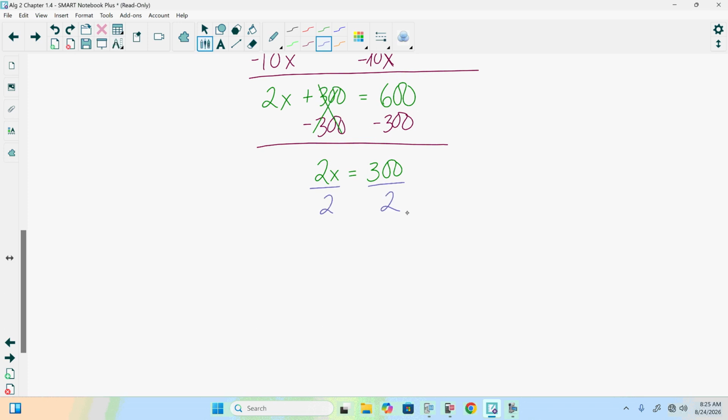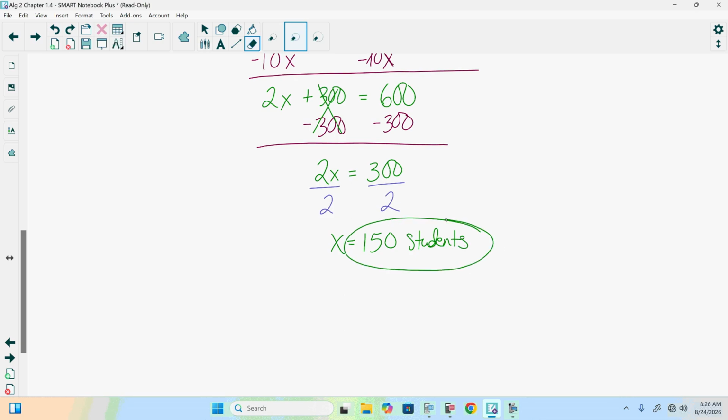Yeah, divide by 2. 2x divided by 2 is x. 300 divided by 2 is 150. How many students? So for the total cost to be the same, we would need 150 students.